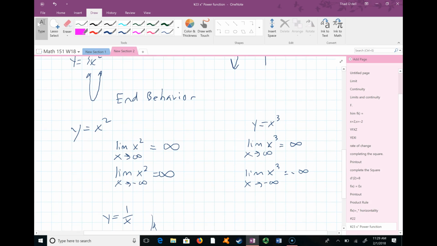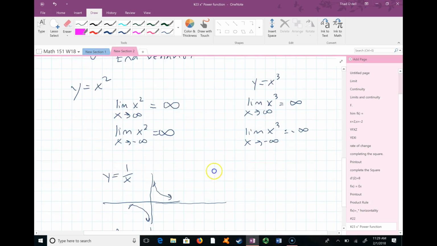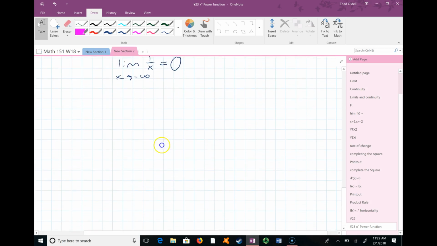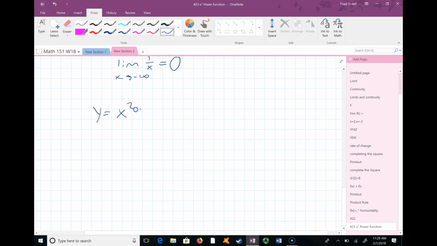So notice that if I was to take something like y equals x squared plus 3x minus 5, and maybe even put a 4 out front, that doesn't change anything as far as the end behavior is concerned. This is still a parabola that's open up.